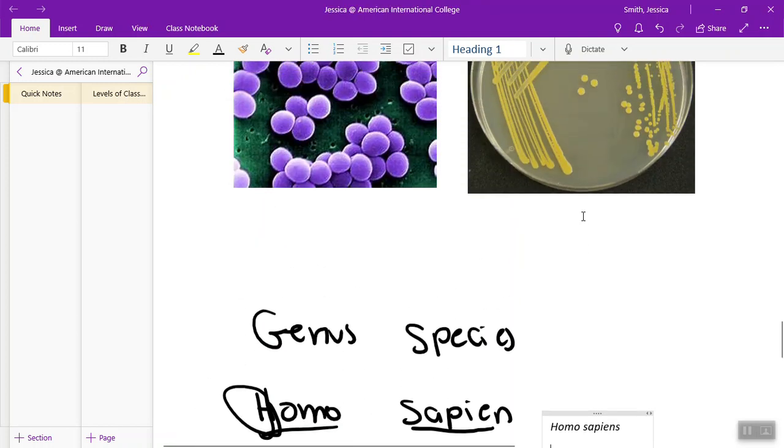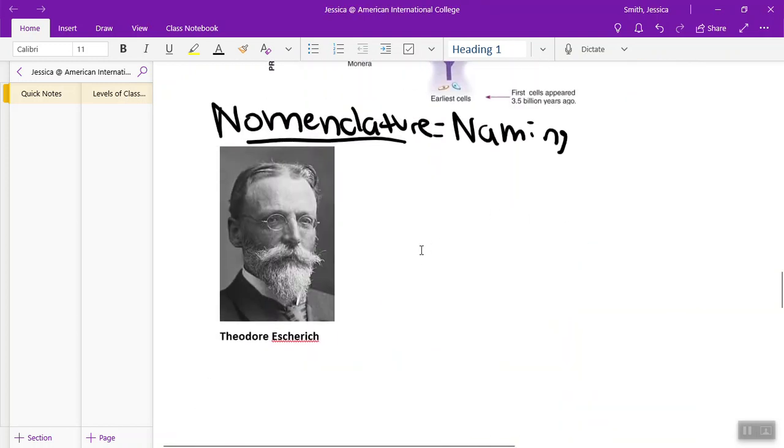In microbiology, you're going to see some really funny names. One of the names you're going to see a lot is E. coli. This is one that we use all the time, and we're going to use it in lab. That E is the genus name. It's an abbreviation for Escherichia.